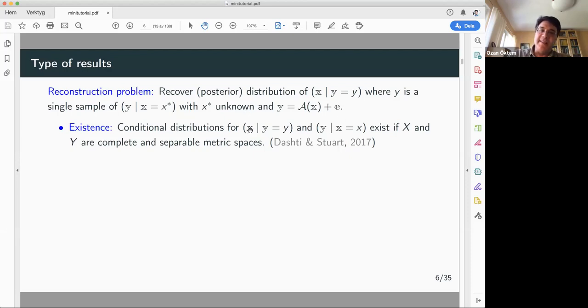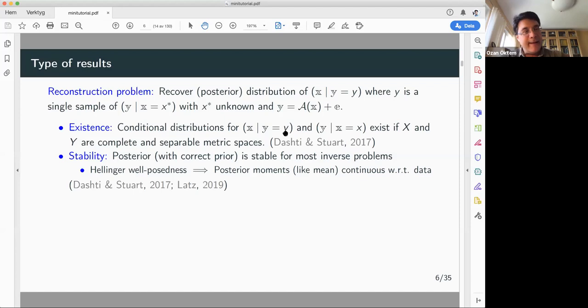So essentially, in the context of images, X is the random variable generating images. So this is the images conditioned on the measured data, and this is the data conditioned on the image inputs. Now you can show that these actually do exist under rather weak assumptions. Actually, you need to assume something about A, but not much. So existence is not really a big issue here.